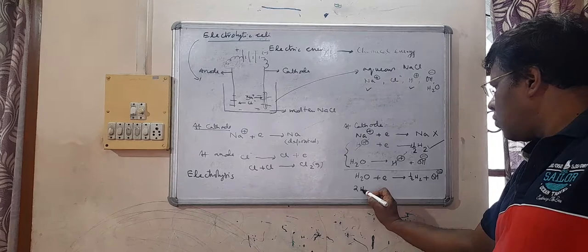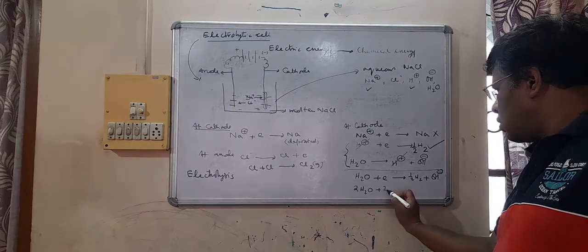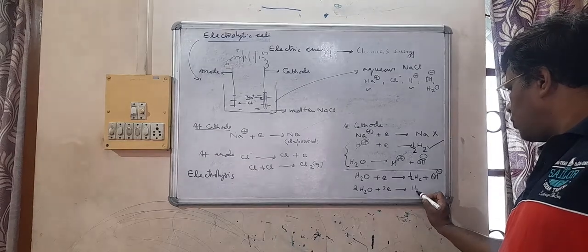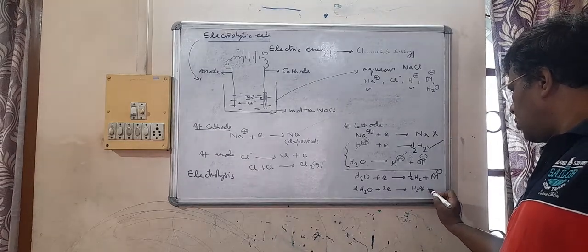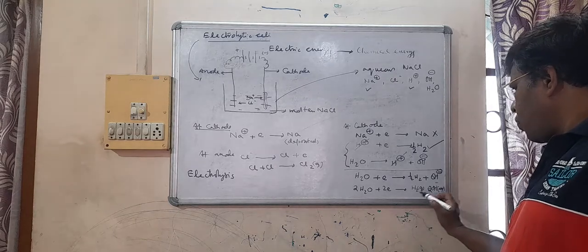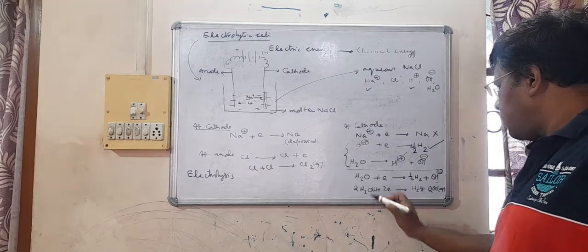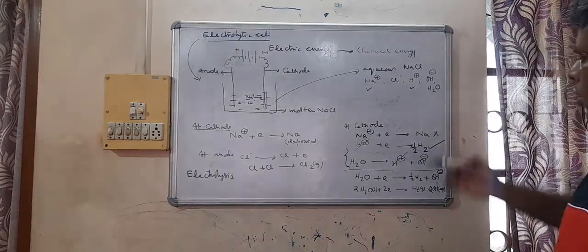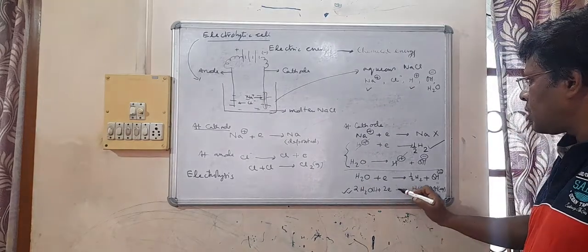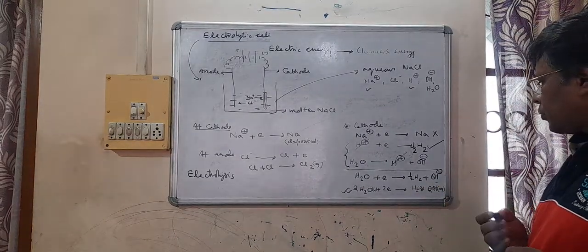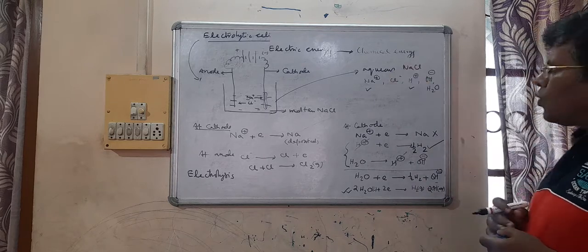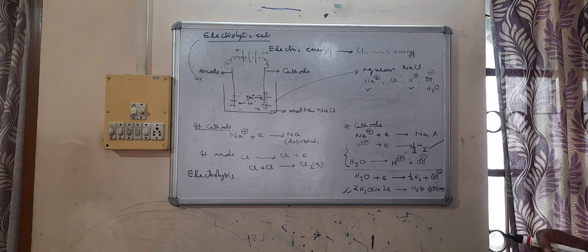So 2H2O plus 2 electrons gives H2 gas plus 2OH- aqueous. This is liquid. So this is what happens at the cathode when we are considering aqueous sodium chloride solution.